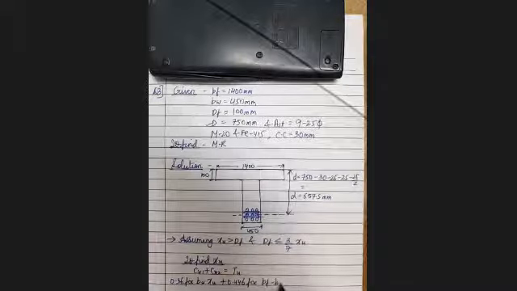Cu1 plus Cu2 equal to Tu. So what is this equation? 0.36 FCK BW into XU plus 0.446 FCK (BF minus BW) into DF is equal to 0.87 FY into AST.